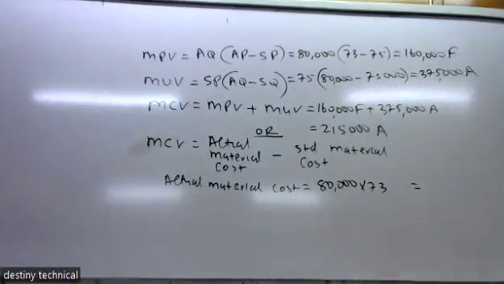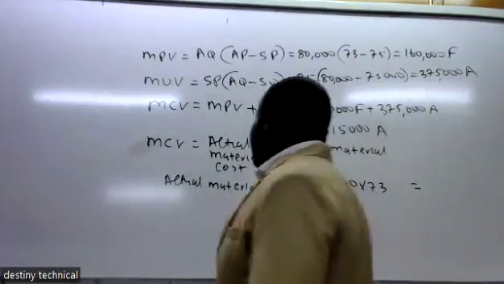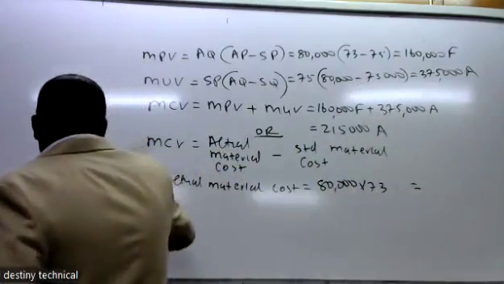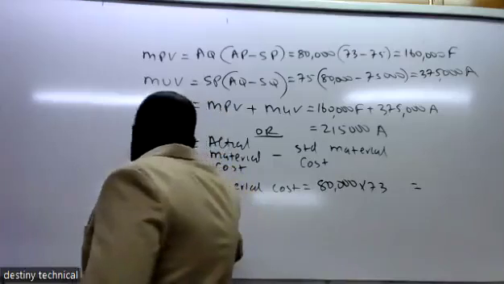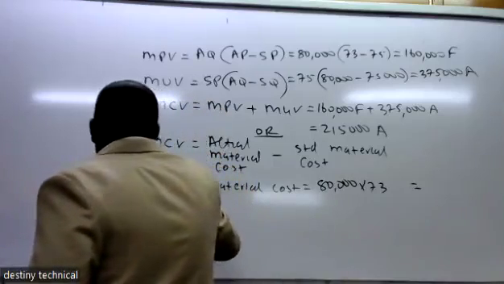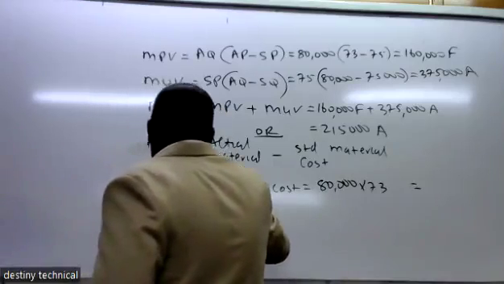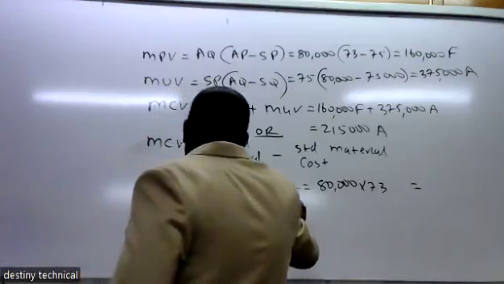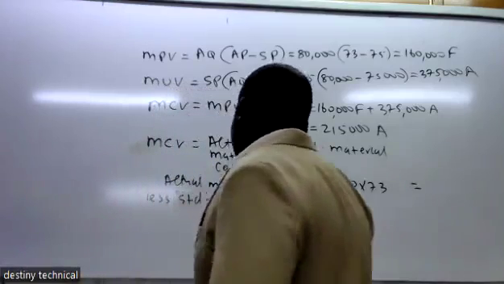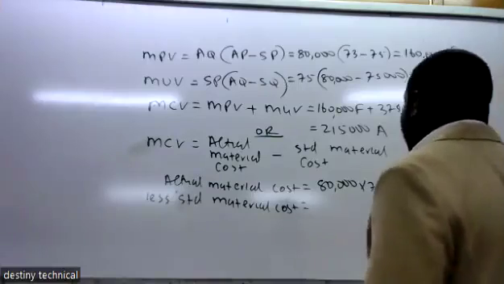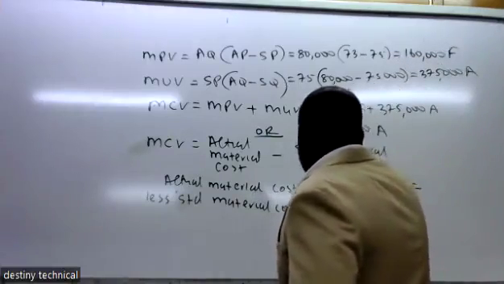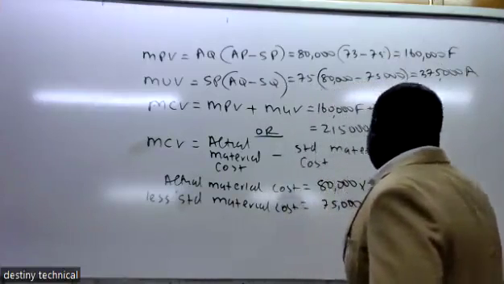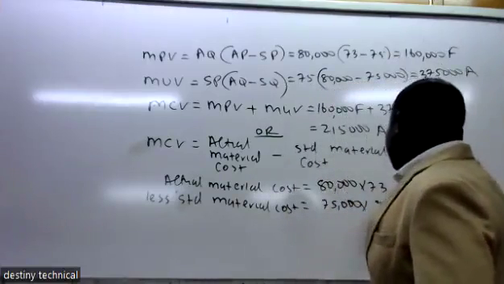Then you less the standard material cost. Standard material cost, you take the 75,000 units multiplied by 75.